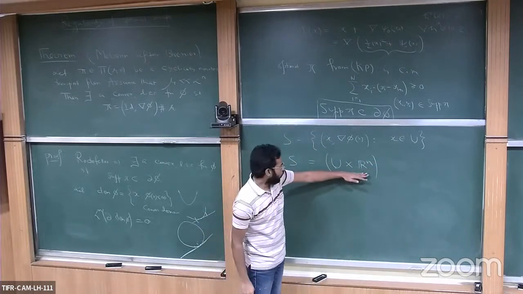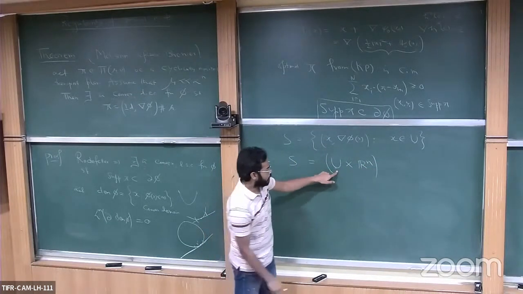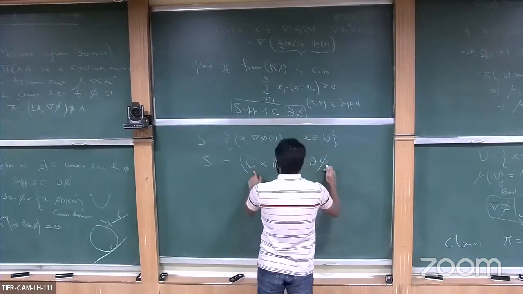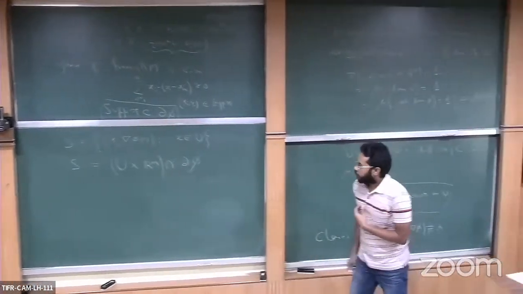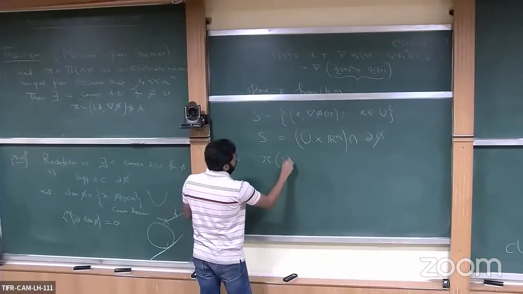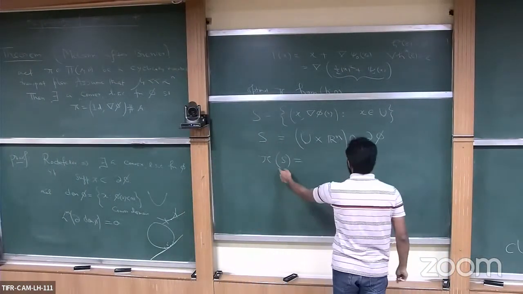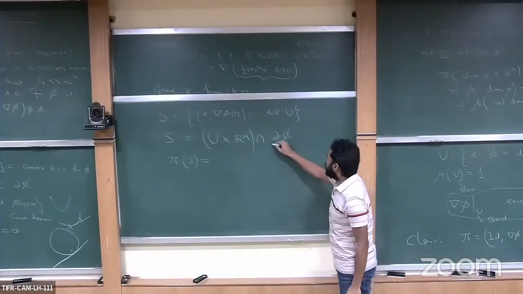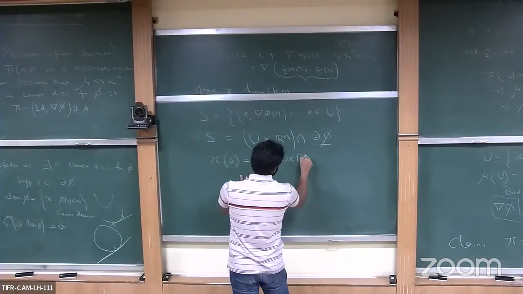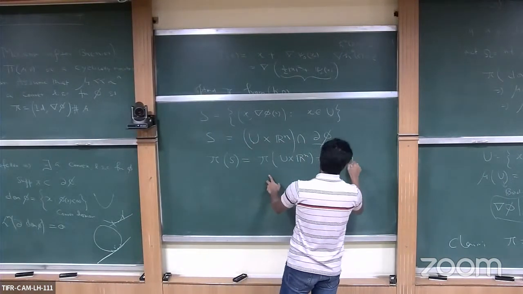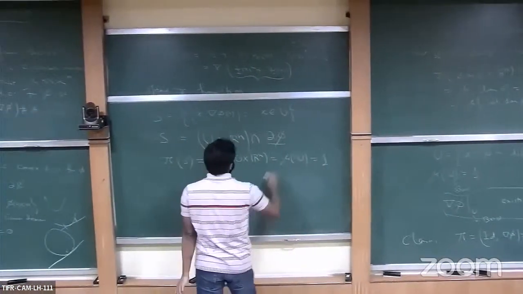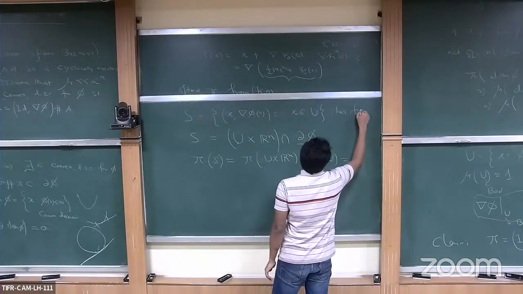I included the whole R^n, and U is the set of points of differentiability, but I have to include the derivative, which is precisely the subdifferential. Now if I take the pi measure of S, the support of pi is included in the subdifferential. So this gives me pi of U cross R^n, which is precisely mu of U, which has full mass. So this set S has full pi measure.